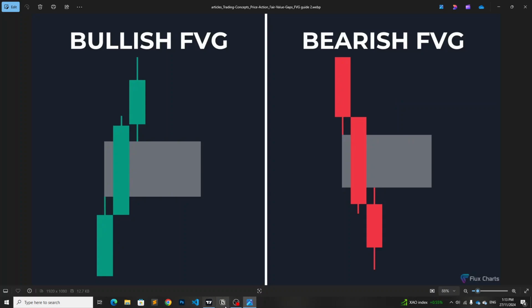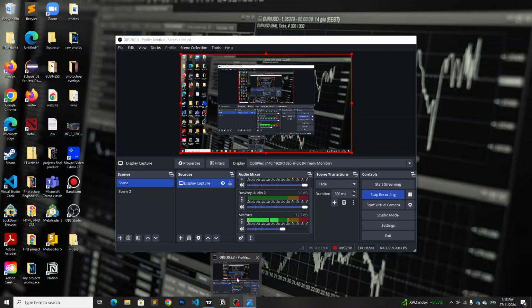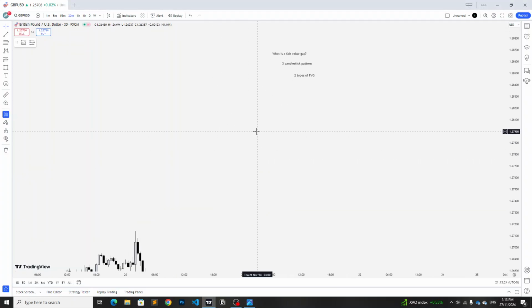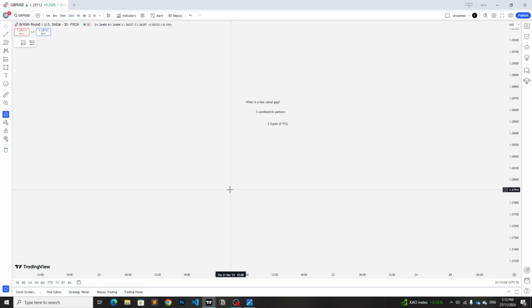So first things first, what does the fair value gap help us do? Imagine the price hits a liquidity sweep and you miss out on the entry, because trading off of the liquidity sweep and break of structure is not going to be enough for you. You need one more confluence, and fair value gap is going to be the next confluence for you.